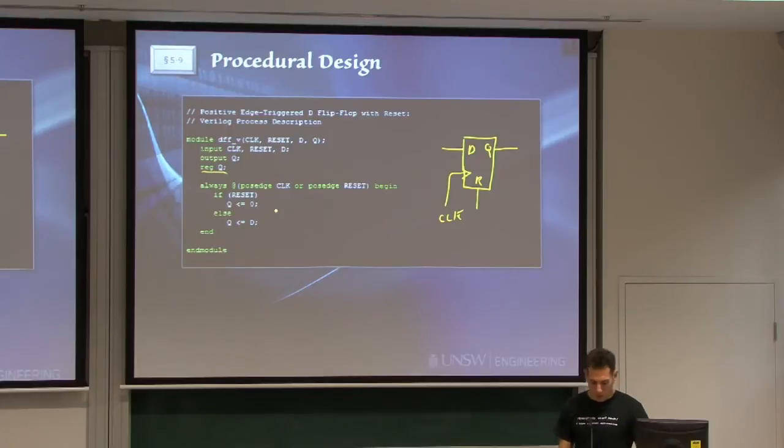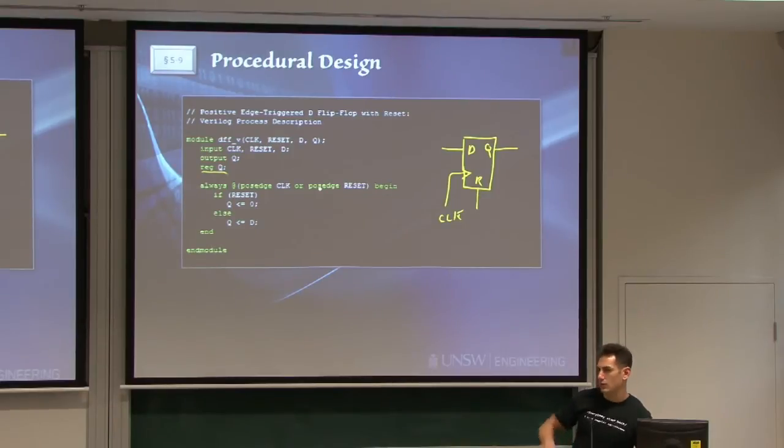Now, let's go back to the sensitivity list. The reason why I'm triggering on the positive edge of reset and not on any change of reset is because when you deassert your reset, when we go from 1 to 0, we don't want to change the value of the flip-flop.